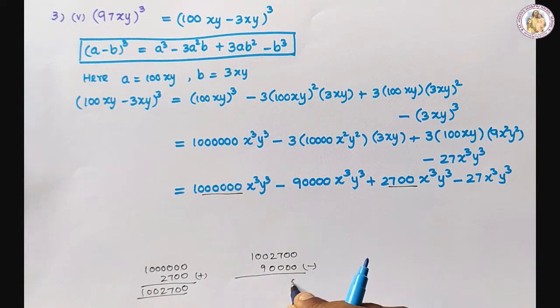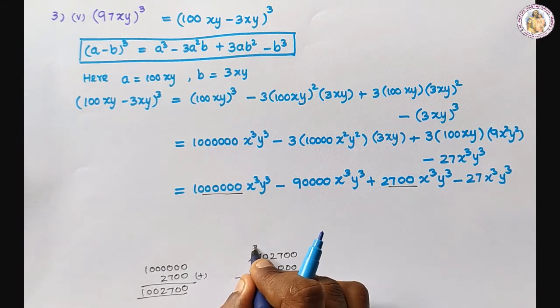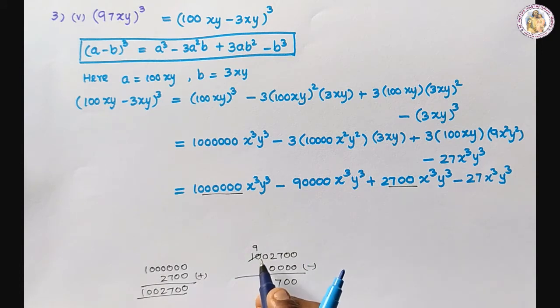Subtract first 0 0 7 2, 0 minus 9 is not possible, so from here we borrow 1, that becomes 10, 10 minus 9 1, 9.